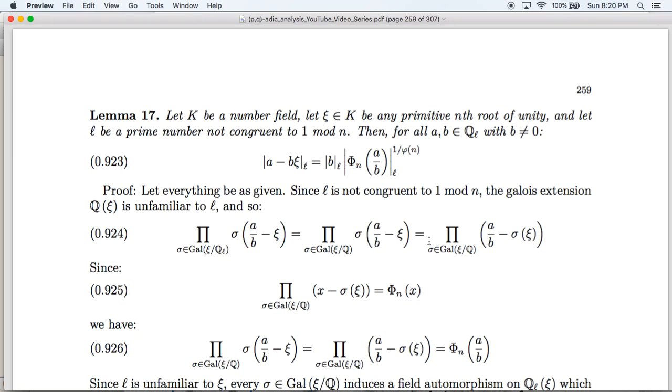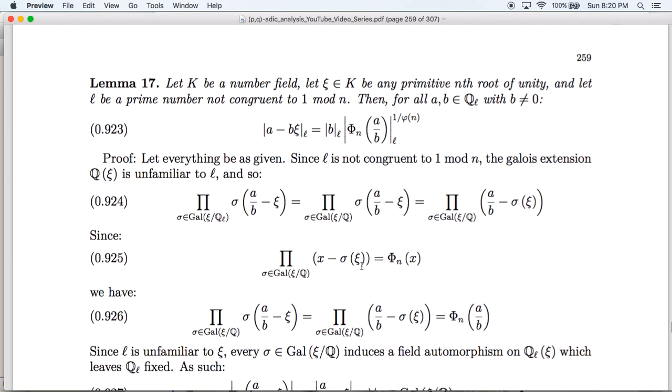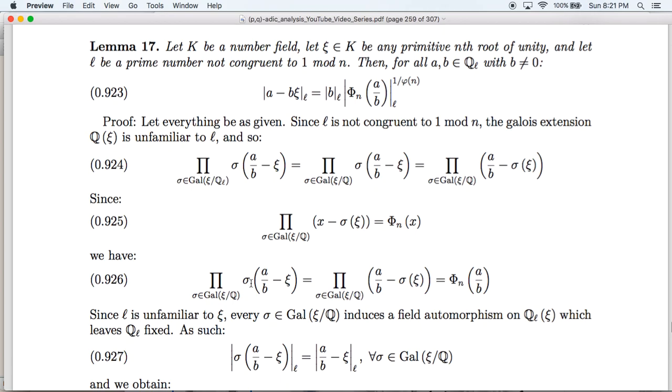And then, because a and b are in QL, we can move sigma in, and it ignores them. Since by definition phi of n of x is equal to the product of x minus sigma of c, when sigma is in this Galois group, the product here is just equal to big phi n evaluated at a over b.